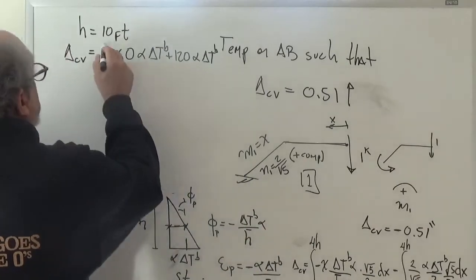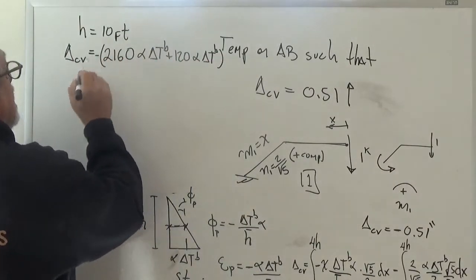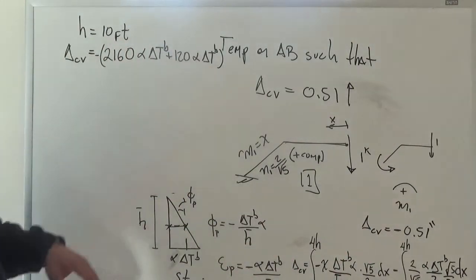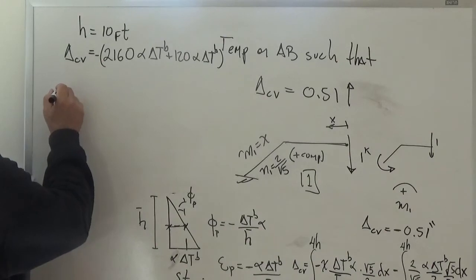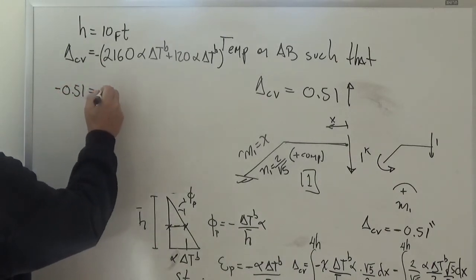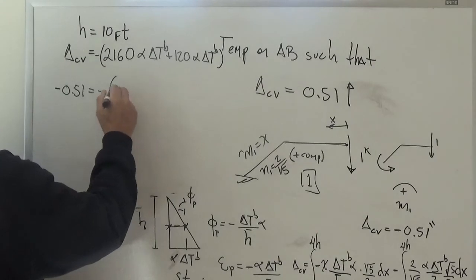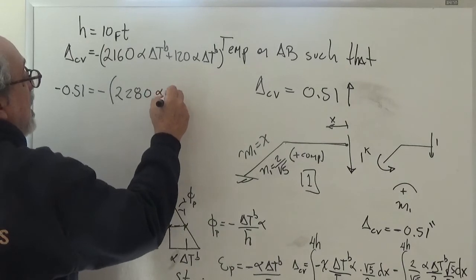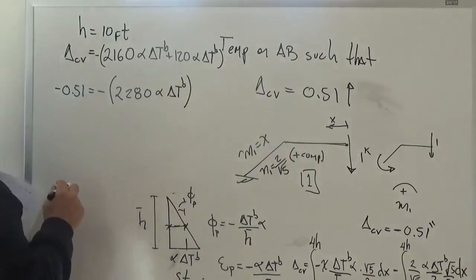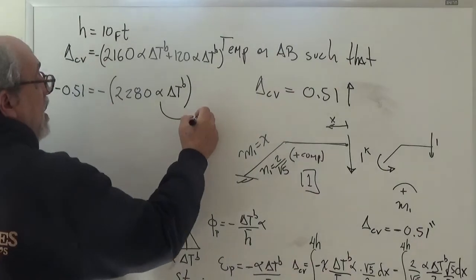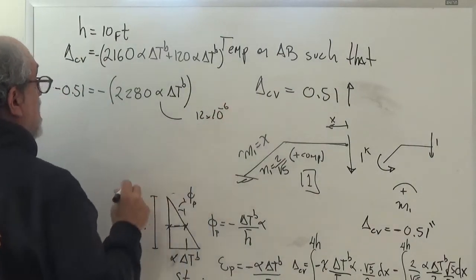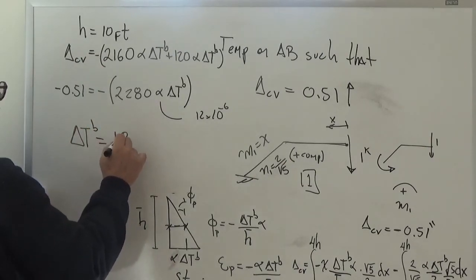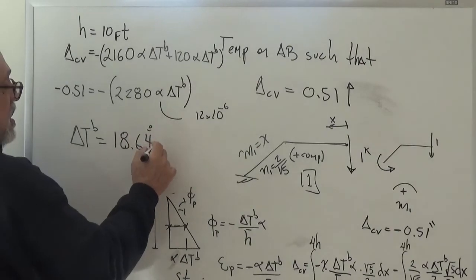In other words, these two integrals with a minus, these two parts give these things. And then if you say minus 0.51 is equal to minus the sum of these two things, which is 2280 alpha delta t at the bottom, and you know that alpha is 12 times 10 to the minus 6, you find that delta t at the bottom is equal to 18.864 degrees centigrade.